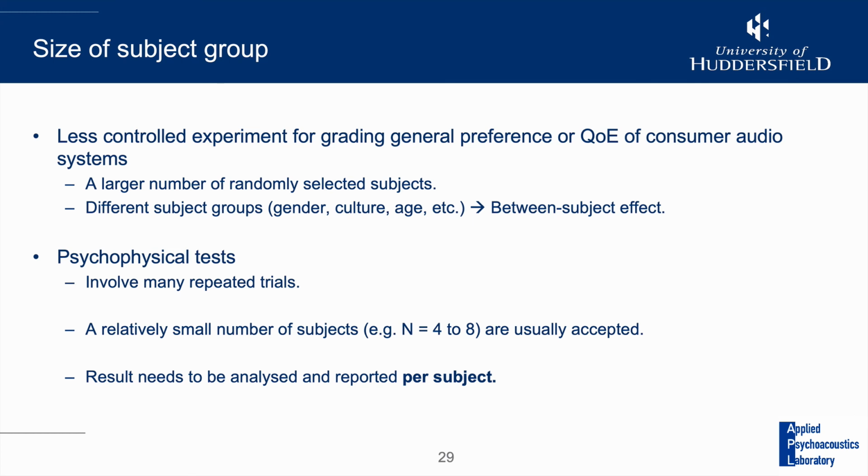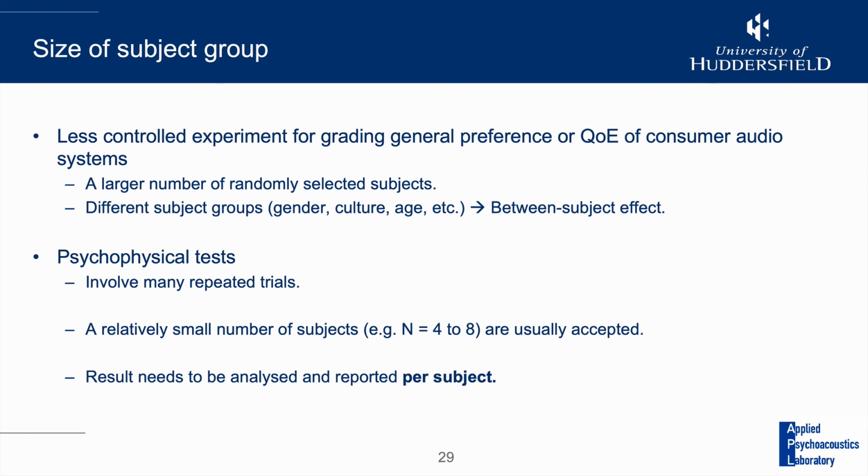Additionally, for psychophysical tests or something like a localization test, that typically involve many repeated trials and require highly critical listening skills, a relatively small number of subjects are used in listening tests. But it is difficult to generalize the results in this case.